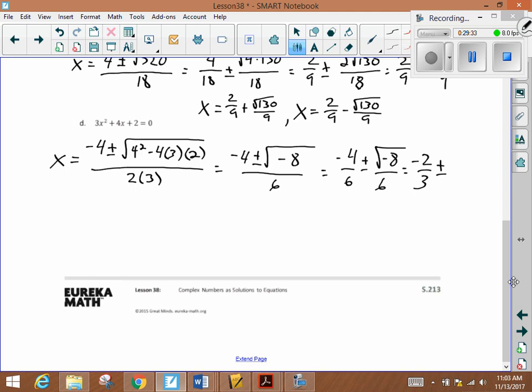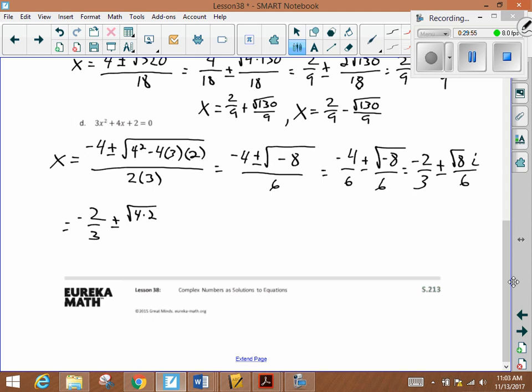So, this is negative 8i, right? Or sorry, this is the square root of 8i. I'm just going to do that separately. We can't simplify that square root of 8 using the square root of 8.